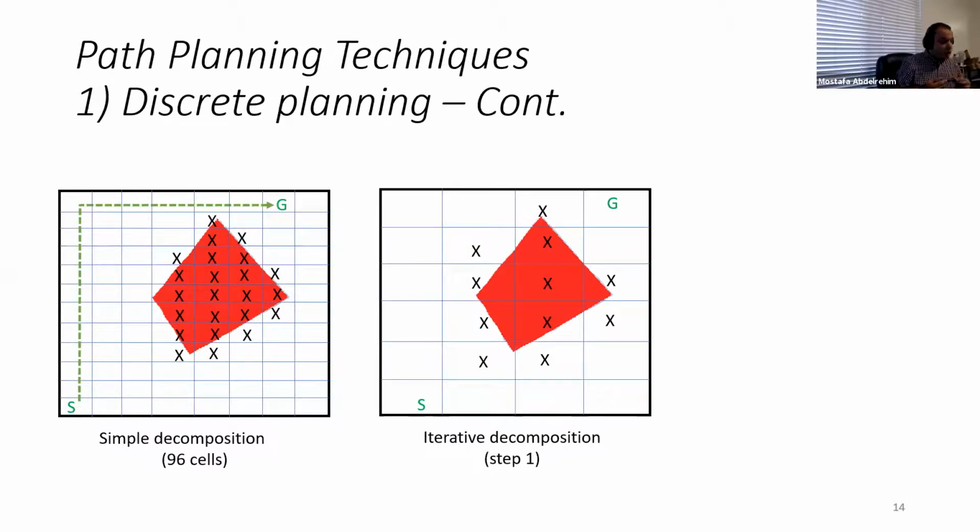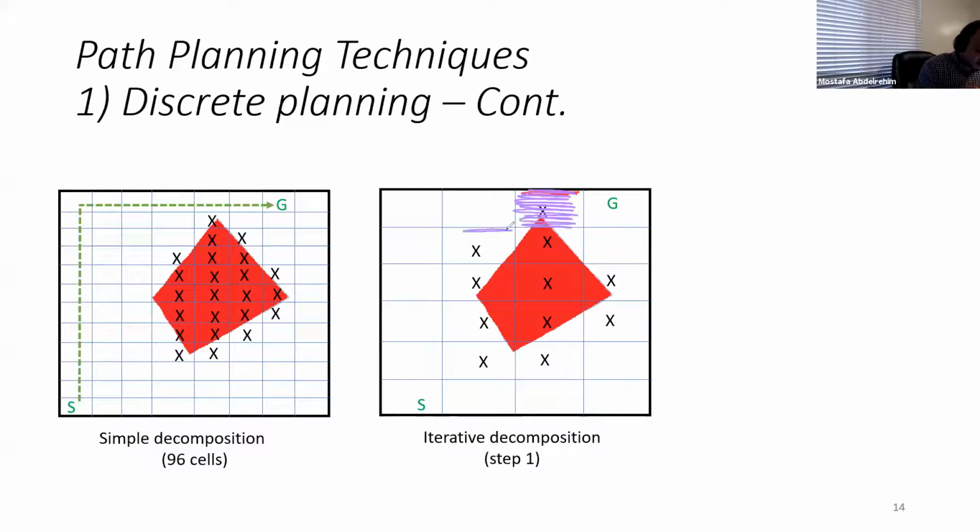Then we do what we did before. If any cell is intersecting with the obstacle, it will be a forbidden cell. So let's see what's forbidden and what's allowed. This cell in here will be forbidden.